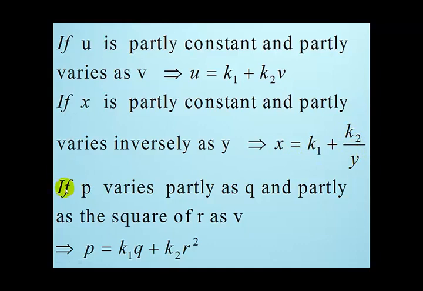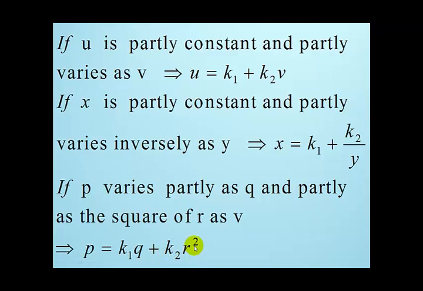Now, if p varies partly as q and partly as the square of r, that means that p is equal to K1q plus K2r squared.